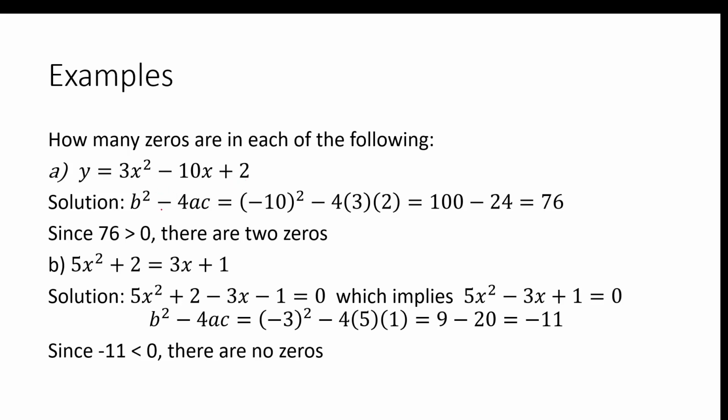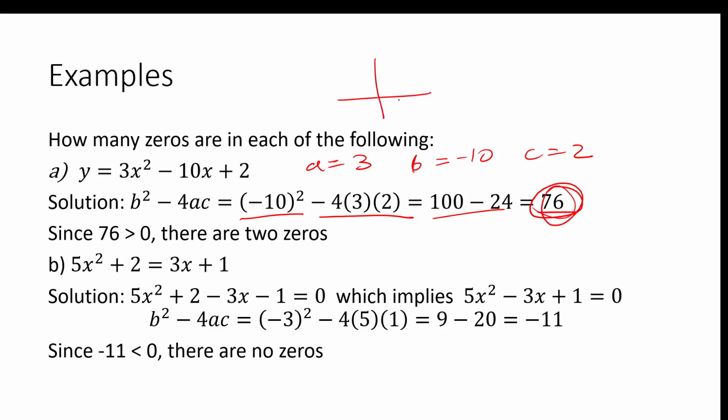But since this step is only asking us how many there are, 0 or 1 or 2, all we'll do is say b squared minus 4ac, where a is 3, b is negative 10, and c is 2, is negative 10 quantity squared minus 4 times 3 times 2, which is 100 minus 24, which is 76. So since the discriminant equals 76, there are two zeros.